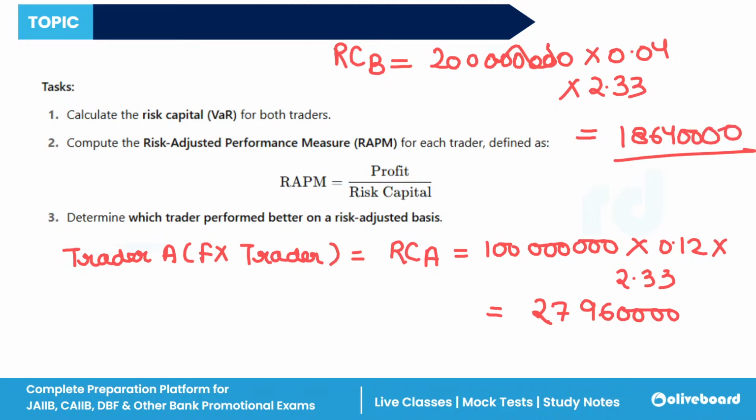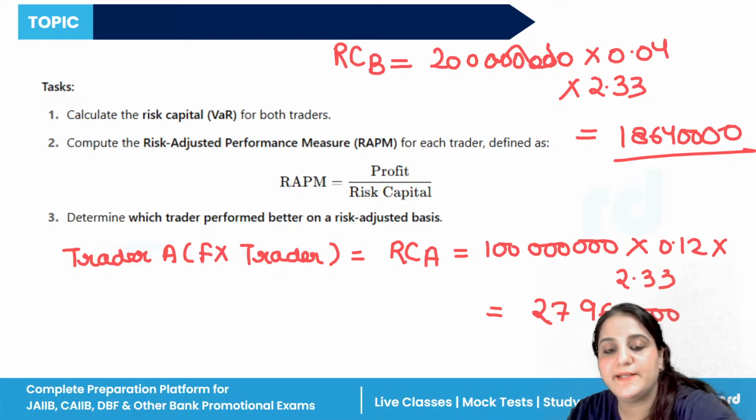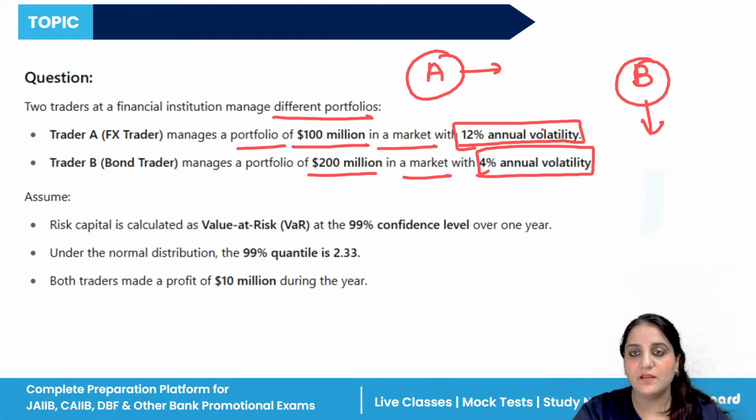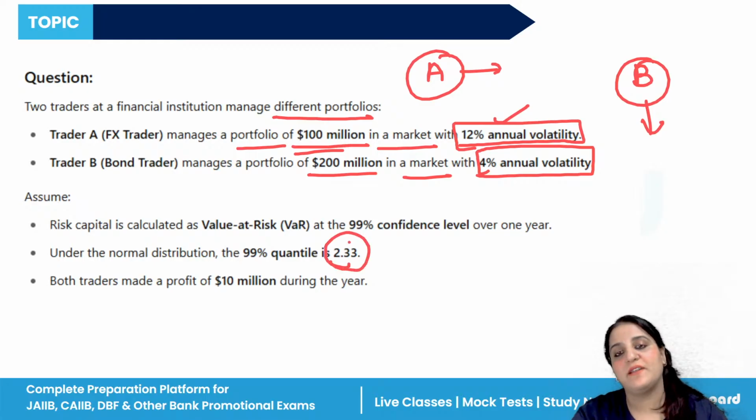So this is the answer. This is how we calculate the risk capital, value at risk, for both traders, for trader A and for trader B, right? Just multiply the portfolio, 100 million, by the annual volatility. We have to multiply it by the quantile.